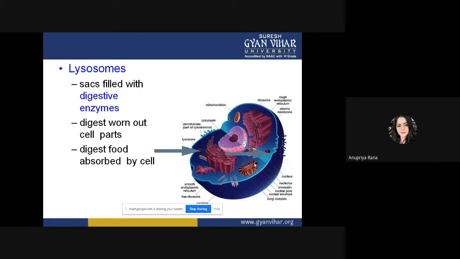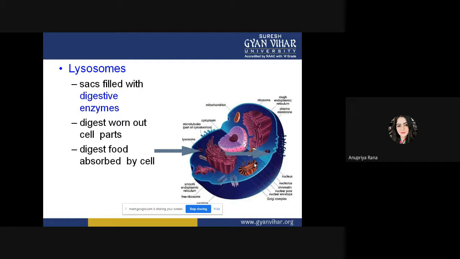Now here we come to the lysosomes. They are sacs filled with digestive enzymes. Basically, just like the digestion work in our digestive system in our stomach area, these lysosomes are filled with digestive enzymes inside the cell.